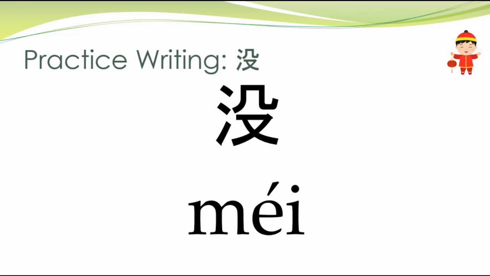Next, we have mei. Pag pinagsama mo yung mei, pati you, mei you, means we don't have. Wala. So again, check the next clip on how to write this character.